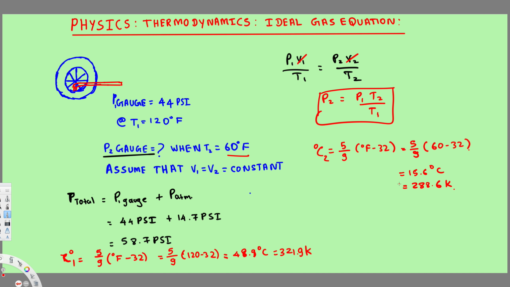All we have to do is calculate the new total pressure. If you calculate this one, it gives you total pressure, but then we have to subtract ATM to get the gauge pressure. So let's calculate the total pressure.